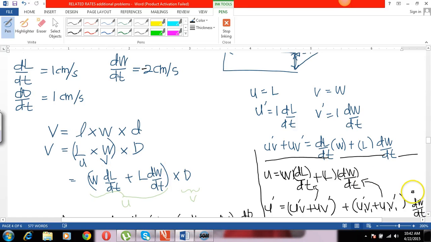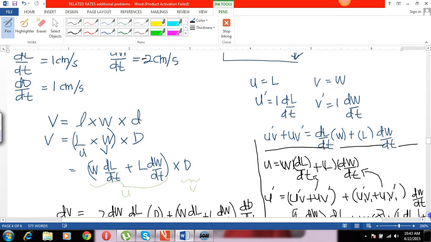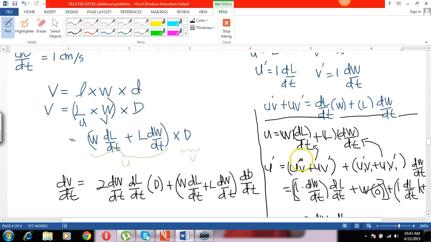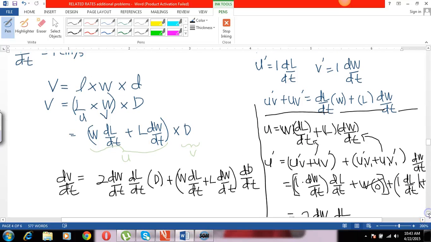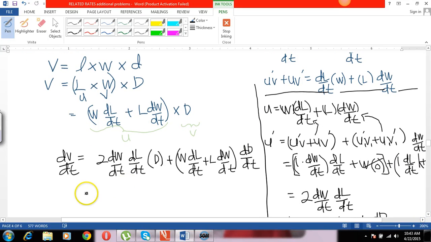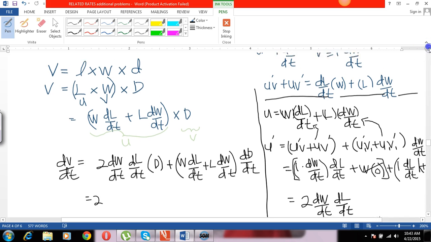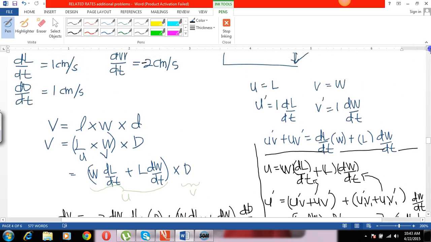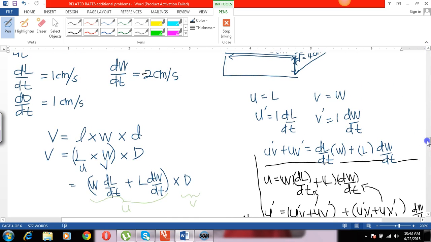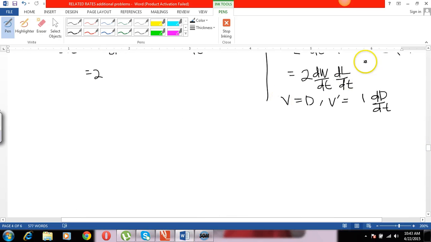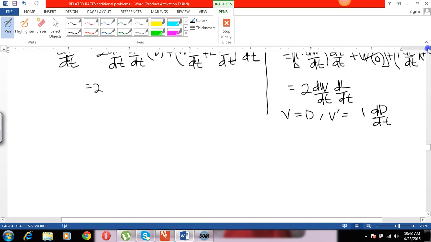So now we substitute all the information into the formula to find the rate of change of the volume. We have 2 dW over dt equal to negative 2 cm per second.